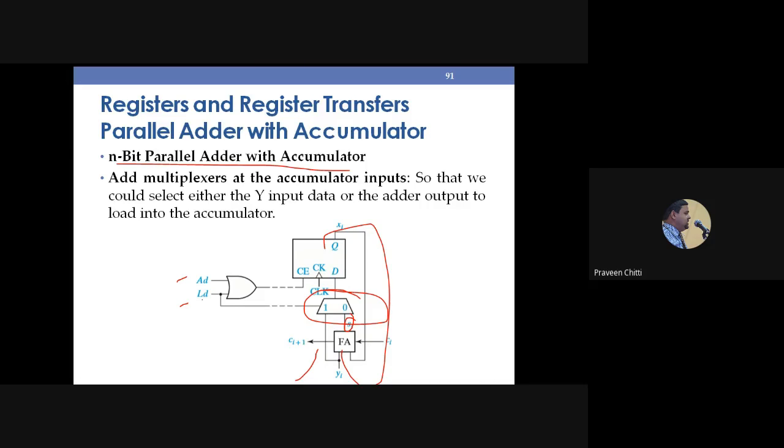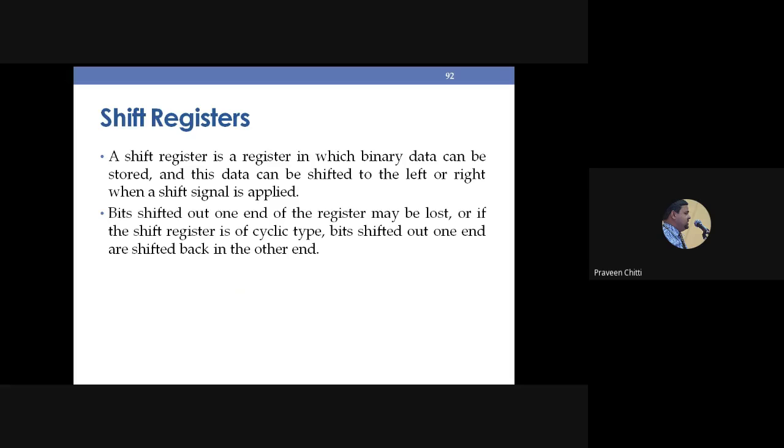When you use load, this will be loaded into the flip-flop. When you give the add signal, these two will be added. Load means you are loading this into the flip-flop, and when you give add, this and the flip-flop output will be added and stored. So this is the n-bit parallel adder with the accumulator.